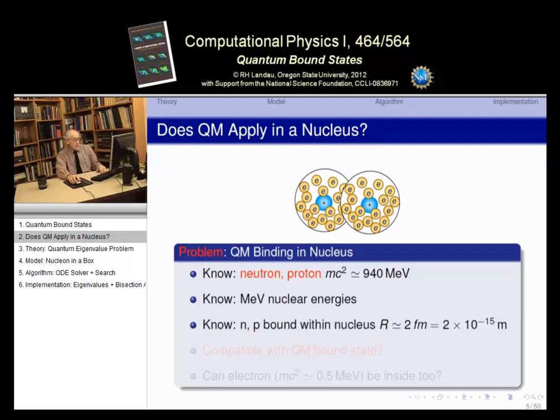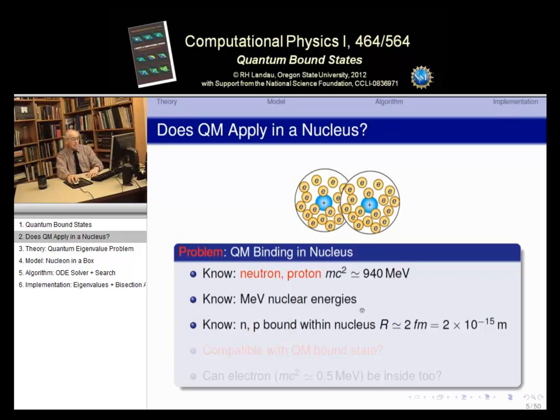We know roughly the size of a nucleus, so this blue dot here is roughly 2 Fermis, or femtometers, in other words, 2 times 10 to the minus 15th of a meter. So that's small. It's nearly 1,000,000 times smaller than the size of an atom. And that's all we need to know.